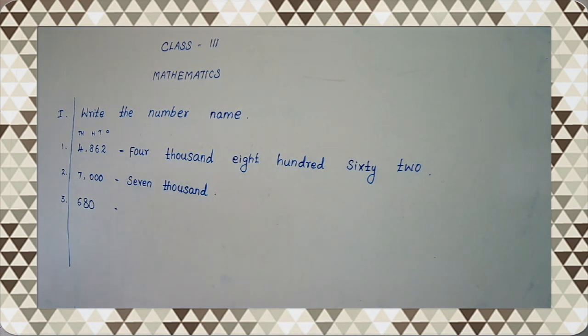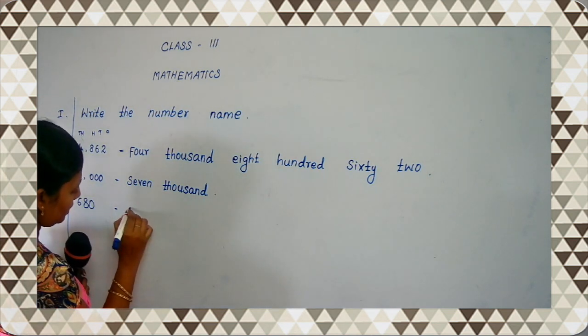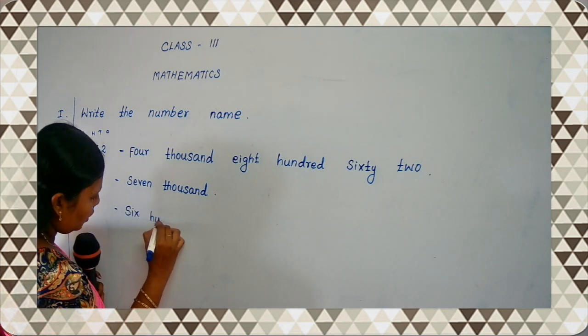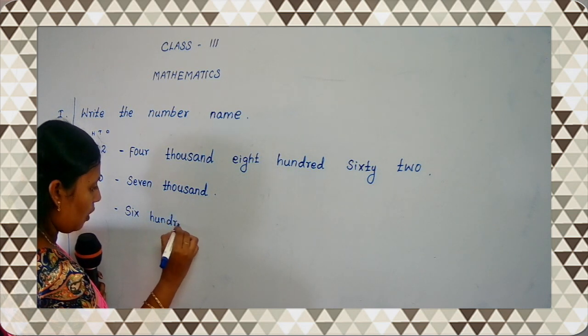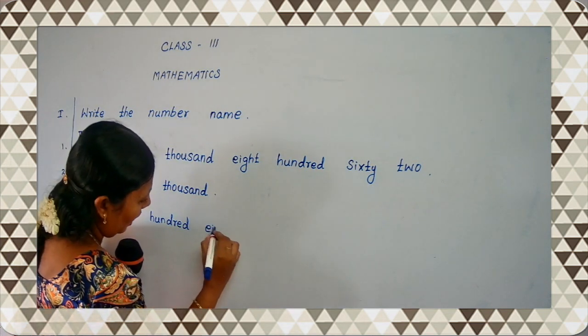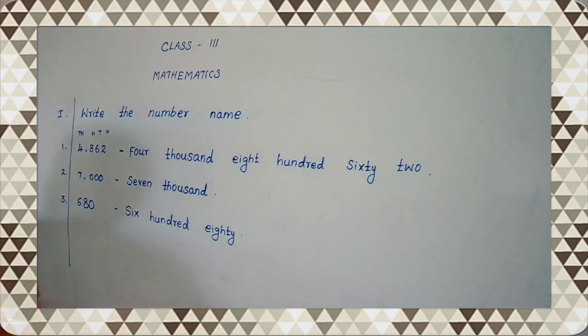Yes or no? Yes. So how many hundreds are here? 600. What is this number? 8. How do you read this one? 680. Say the spelling for 680. Six, hundred, 100. 680. Eighty, 80. 680.